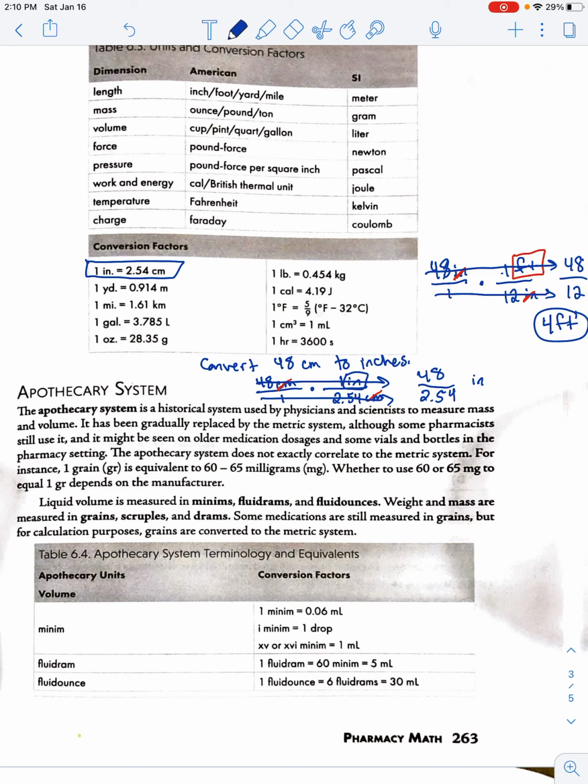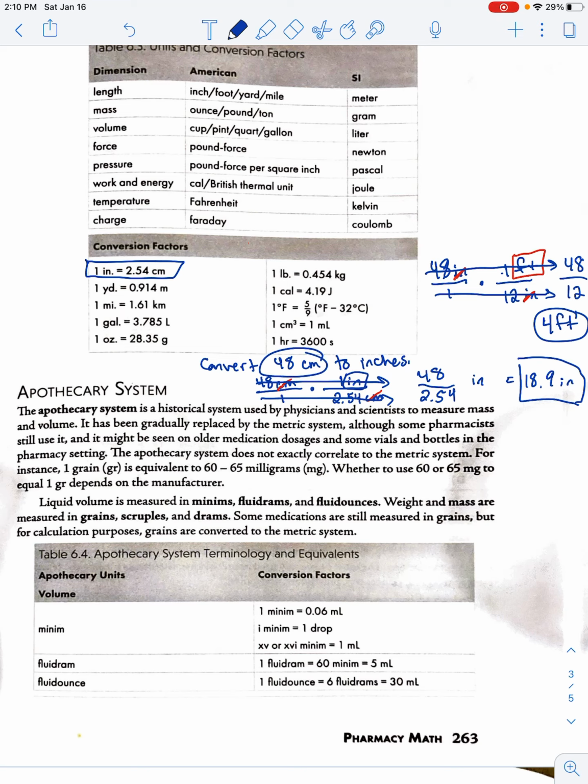Now we'd like a simplified number for 48 divided by 2.54. So I'm going to type that into my calculator, 48 divided by 2.54. And I get 18.897, or about 18.9. So 18.9 inches.